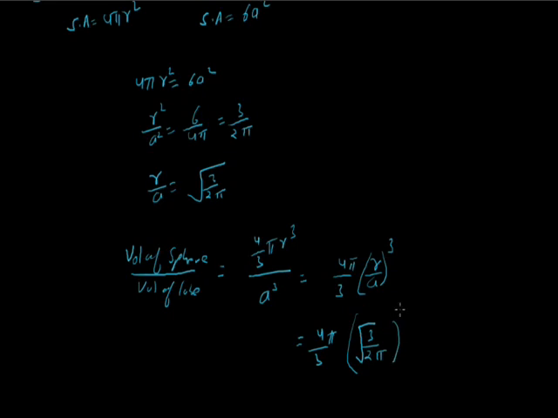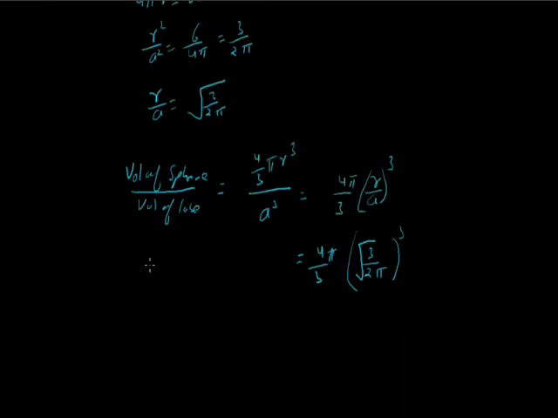इसका हमें क्या करना है? क्यूब. So इसका क्यूब करेंगे तो we get 4 by 3 pi, 3 by 2 pi under root of 3 by 2 pi. Clear? Now here pi gets cancelled, 3 gets cancelled, and 4 and 2 also get cancelled 2 times.